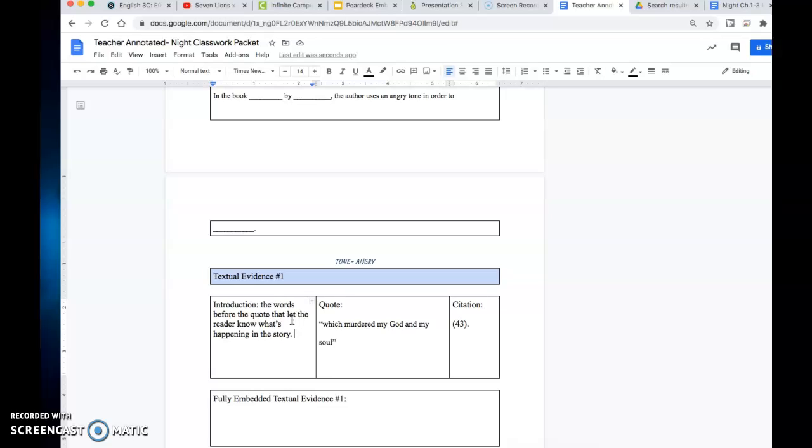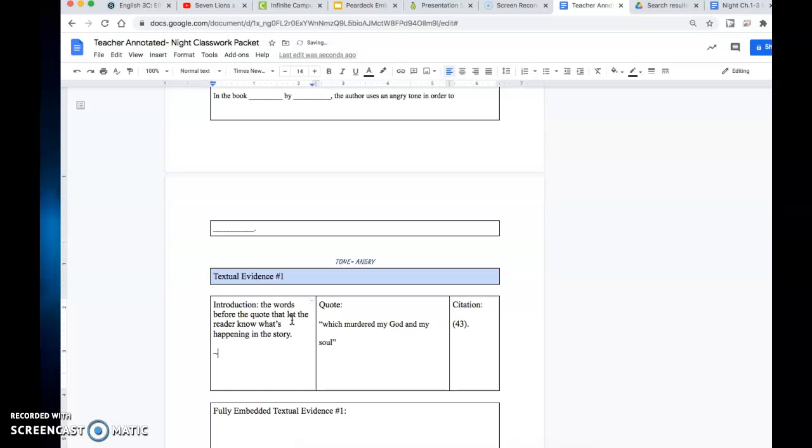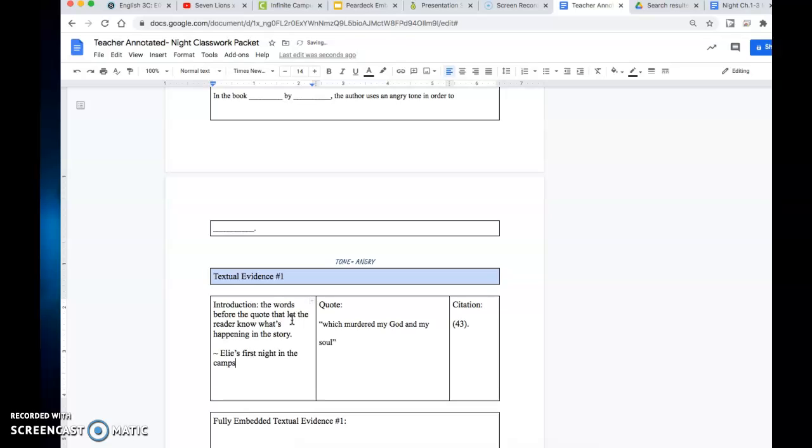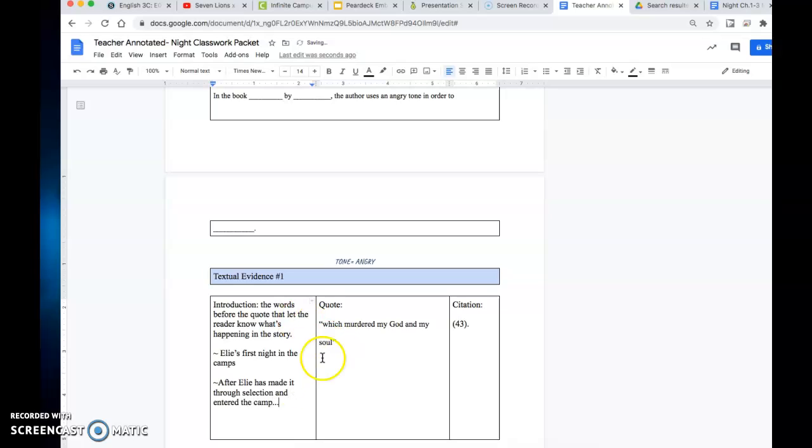We've been on the cattle cars and now we're in the concentration camp. So it could be something as easy as Elie's first night in camp, first night in the camps, or like after Elie has made it through selection and entered the camp. Or anything else that's going to give your reader a sense of where we are.